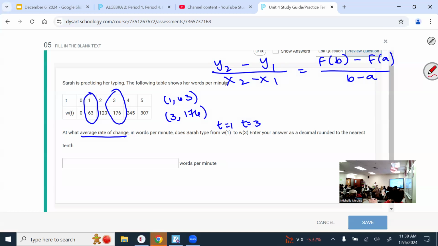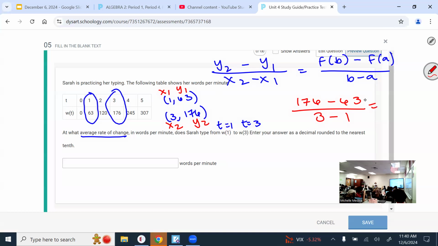To use this formula, you make one of them x1, y1, the other x2, y2, and plug it into your average rate of change formula. So the way that I labeled it, I would do 176 minus 63, over 3 minus 1, which is x2 minus x1.